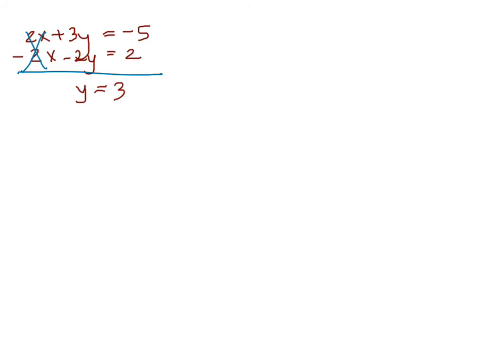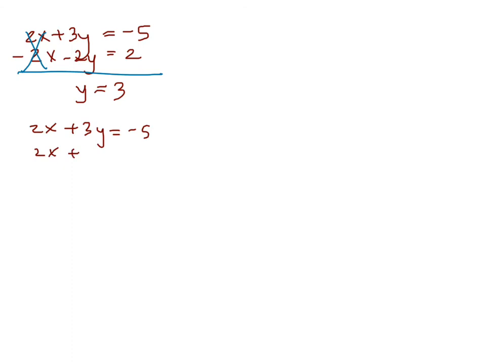My third step is to solve for the remaining variable, but that's actually already done. I already know that y is just 3. So I can move on to the fourth step, substitute the found variable, y equals 3, into either equation. I'm going to choose that first equation, 2x plus 3y equals negative 5.